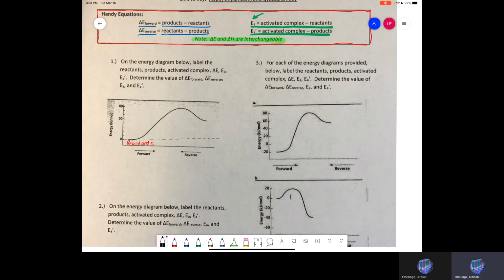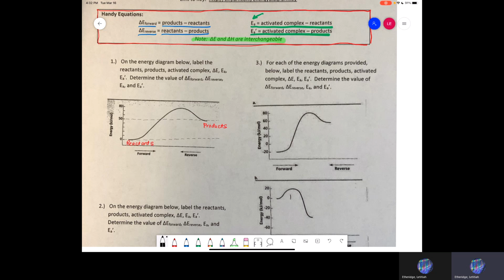Now we take a look at what looks like about the 50 line. Let's see if I can draw a straight line here. It's a little bit of a struggle, but I think I got it. Right here, this is going to be the 50 line. This is going to be considered the products.